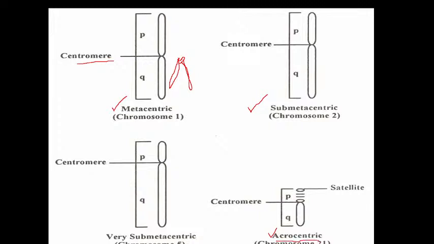The next type is the telocentric chromosome, in which the centromere is located at the tip.